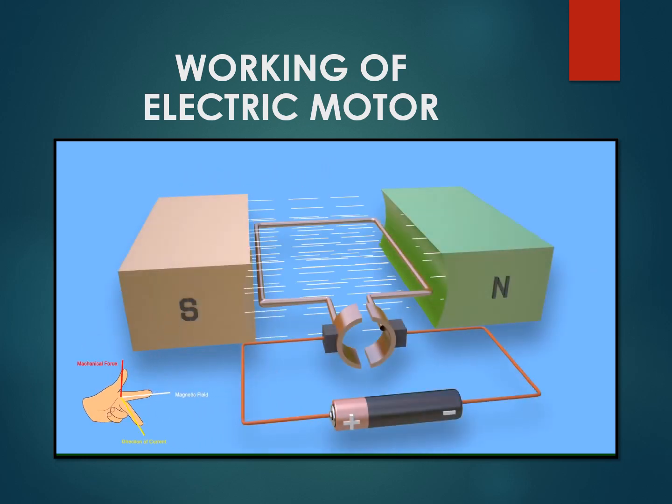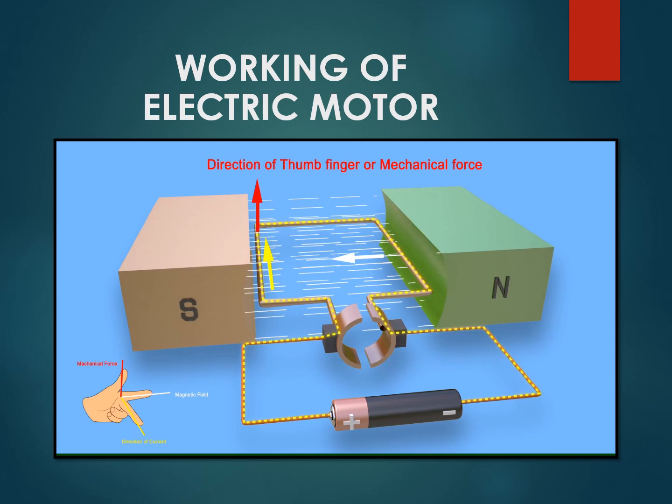With that, if the forefinger is aligned along the direction of the magnetic field, from north pole to south pole, and the second finger is aligned along the direction of the current in the left side conductor, then the thumb indicates the direction of mechanical force.